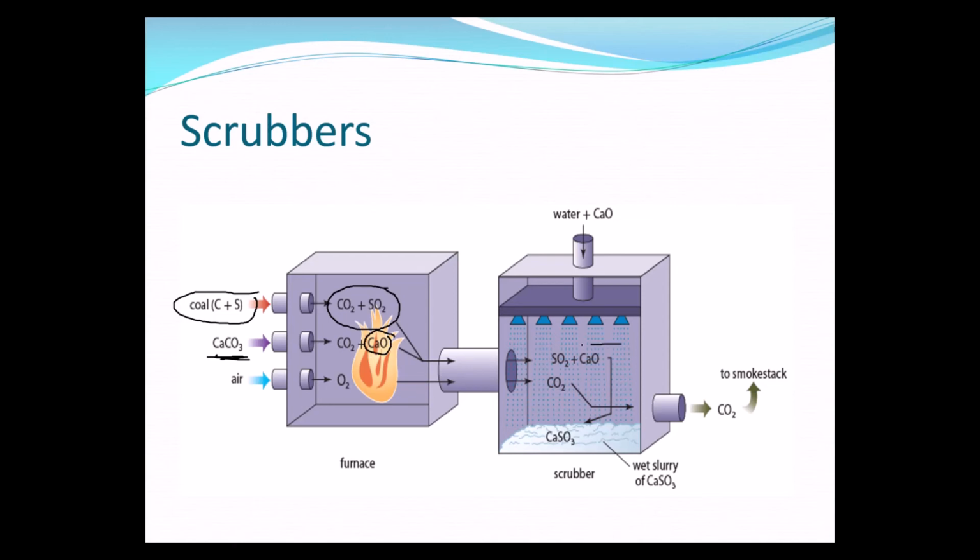Calcium oxide and sulfur dioxide mix in here, and instead of turning into a gas, it turns into a wet slurry that they can collect, and it doesn't get released in the atmosphere. So out of the smokestack here, all you get is CO2, which is not great, but it's way better than CO2 and SO2. So this is one way of preventing acid rain.